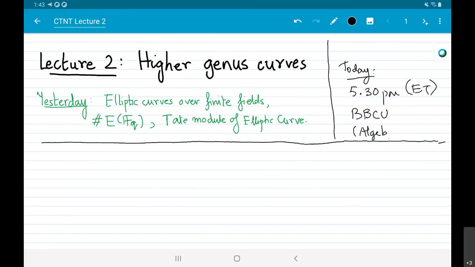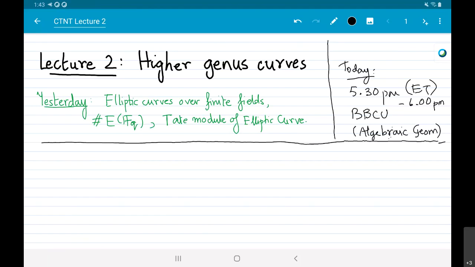If you have any questions about the algebraic geometry background required or any particular function field questions, I'll be there from 5:30 to 6 at least. You can come visit the room and ask me any questions you have. Hopefully that's somewhat helpful.